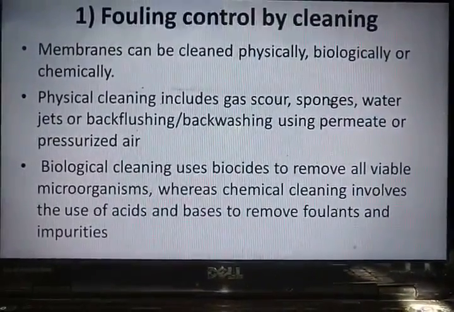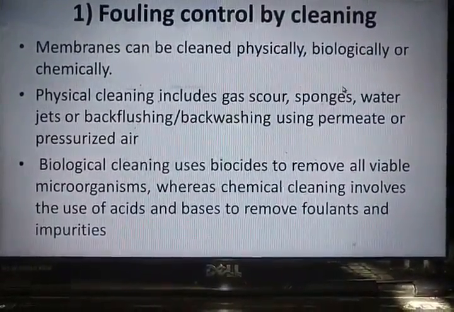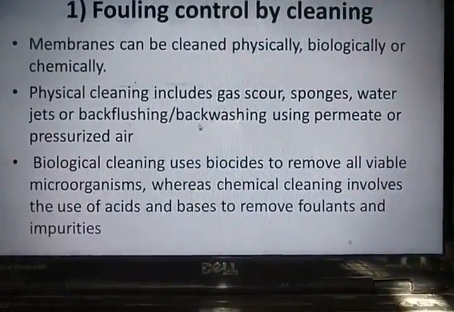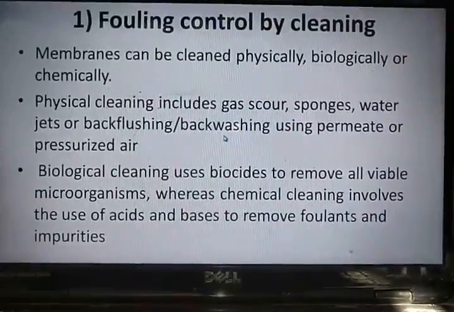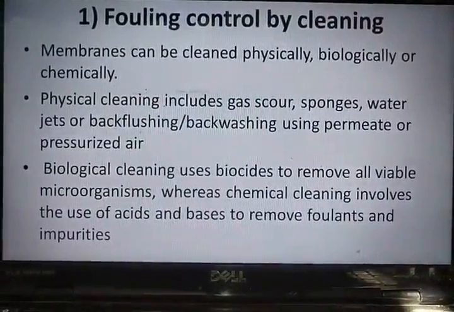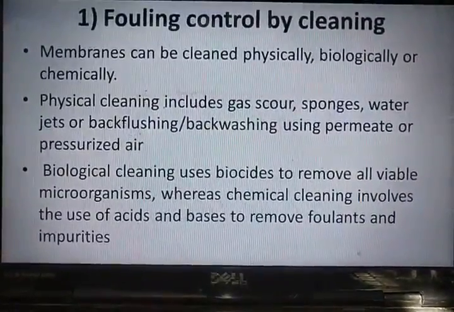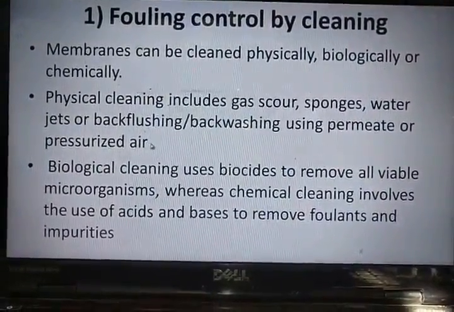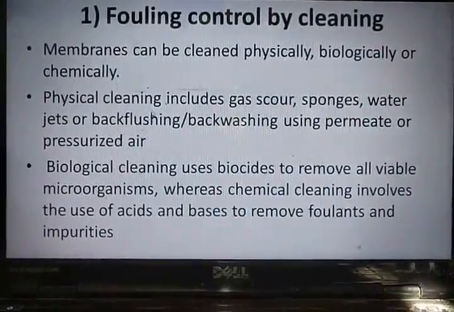That means we can use sponges, that is by manually scraping the membranes, and we can use the backwashing technique, that is using high pressure water in the reverse flow of the membrane, or also we can use pressurized air to clean the membrane. Okay, so those include the physical cleaning methods.